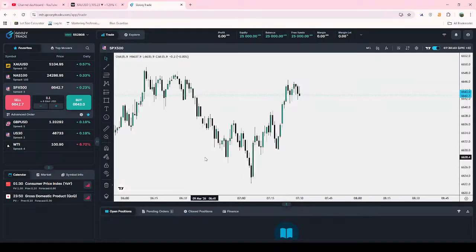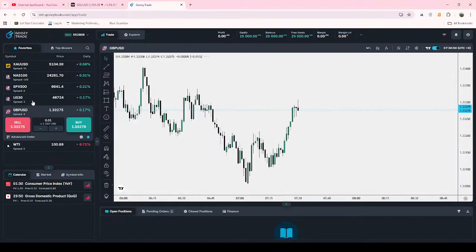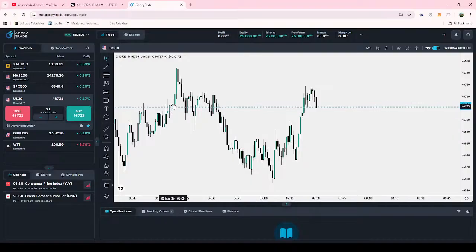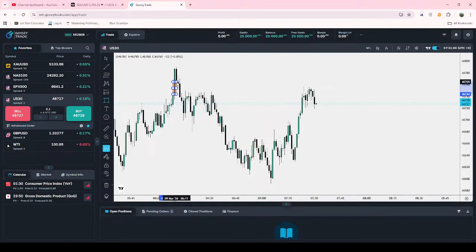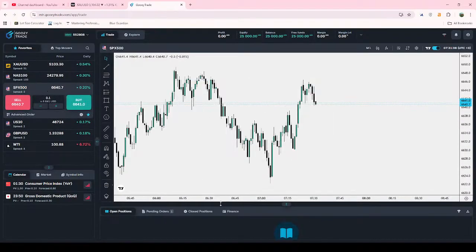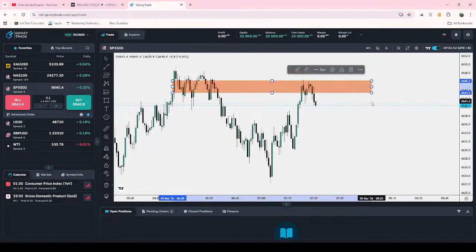Let's do SPX 100. US 30 is respecting the inversion fair value gap. The inversion fair value gap is being respected on US 30, SPX 500, and on SPX 500.